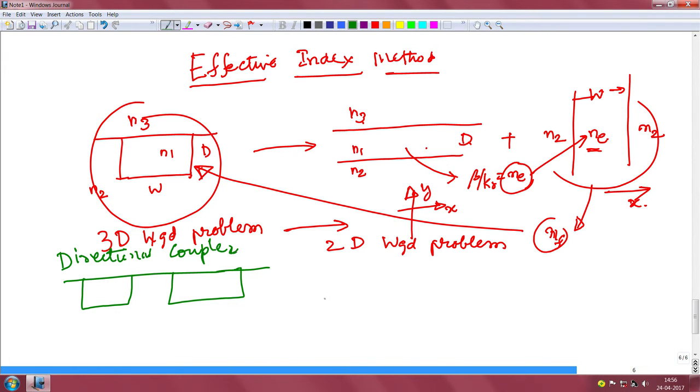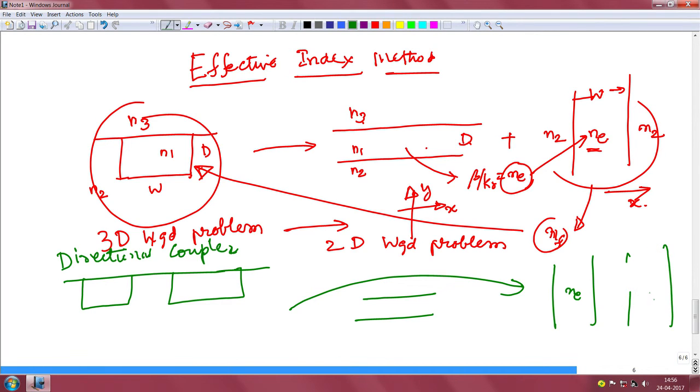We can reduce this into a 2-dimensional problem by using the effective index method, by finding out the effective refractive index of the first asymmetric slab waveguide and using that refractive index for the refractive index of the guiding regions of the individual channel waveguides, N2, NE and N2.